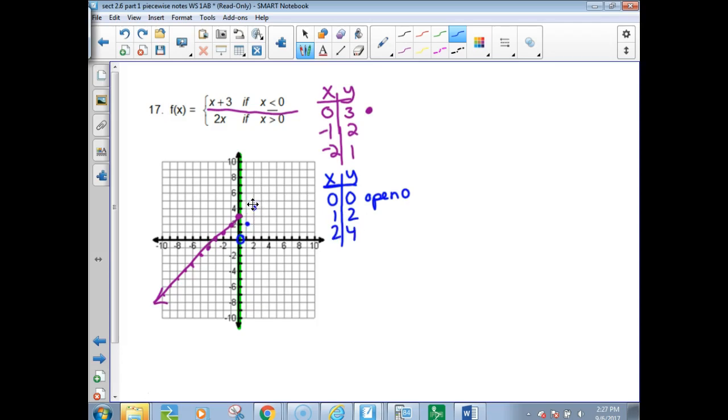It's got a slope of 2, up 2, right 1, up 2, right 1. And make sure you connect all the way to your open hole, because it does include decimals. It's a continuous graph. And it is a function. It does pass the vertical line test. Even though it looks like it's hidden twice here, it's not, because that's where the open hole is.